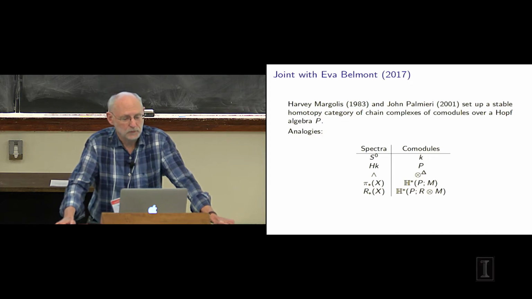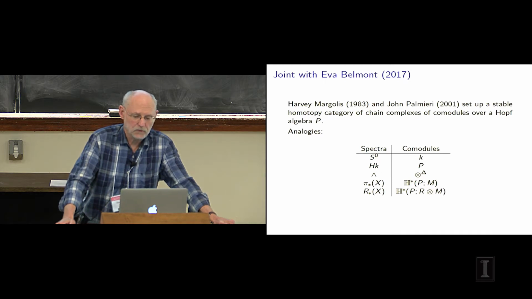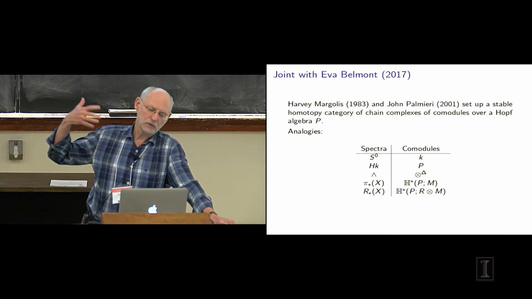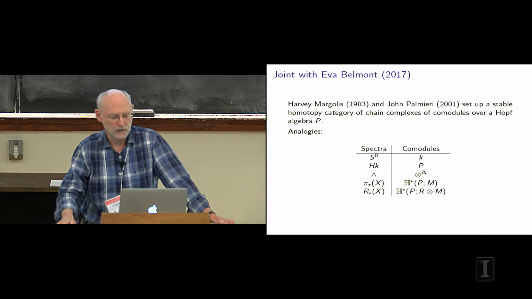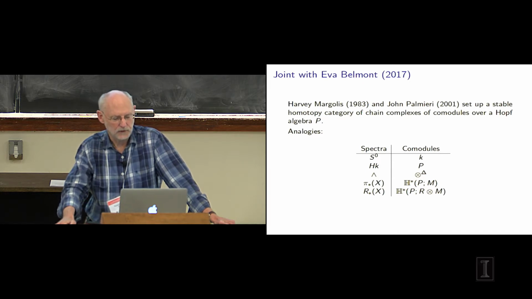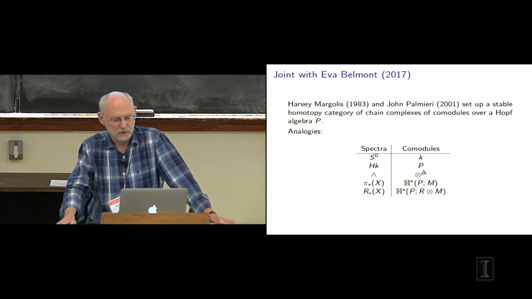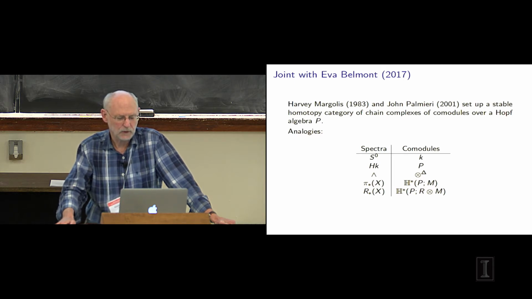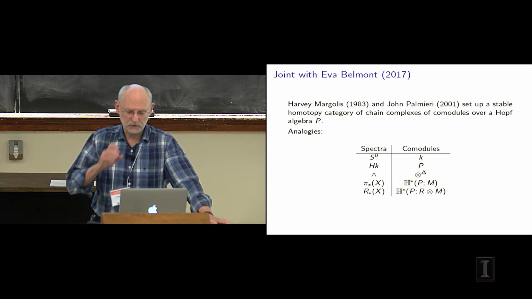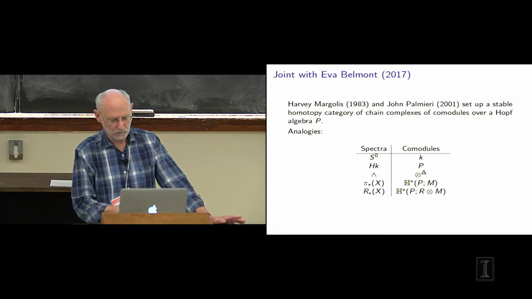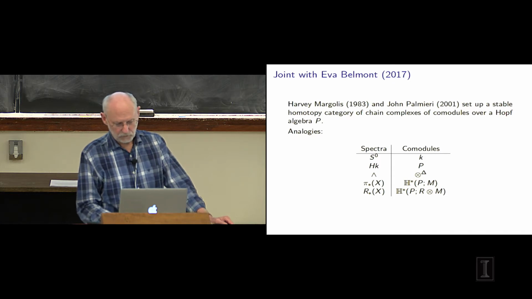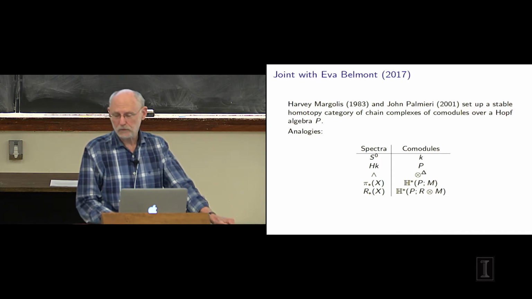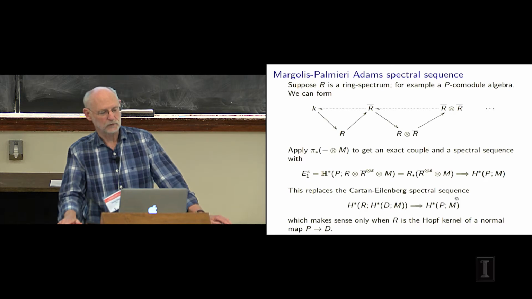The homotopy groups of a spectrum are analogous to, well, the spectrum gets replaced by a chain complex of comodules, and so you should talk about the hypercohomology of the Hopf algebra with those coefficients. And if you have some such object, R, then the R homology of X, well, I take the tensor product of R with M and take the hypercohomology of that. So that's the sort of dictionary that we use to transport ideas. And the first idea to transport, after all, is the atom spectral sequence.